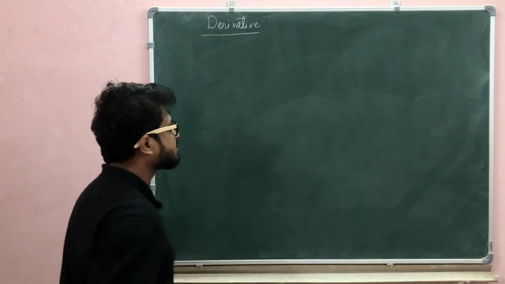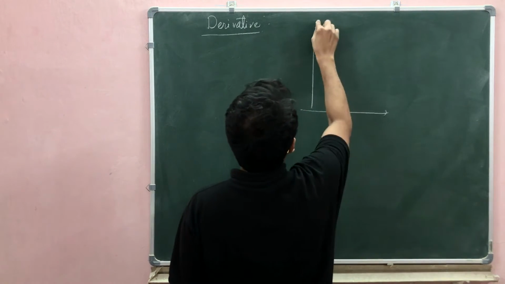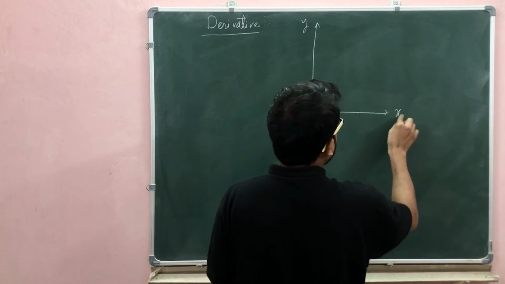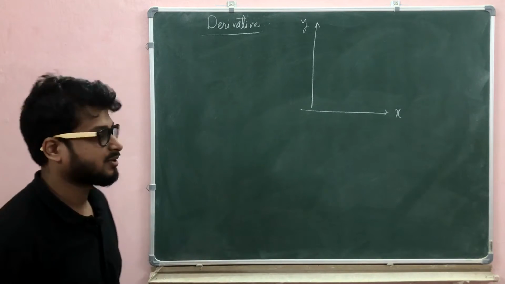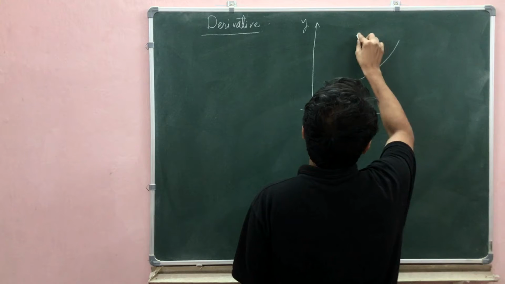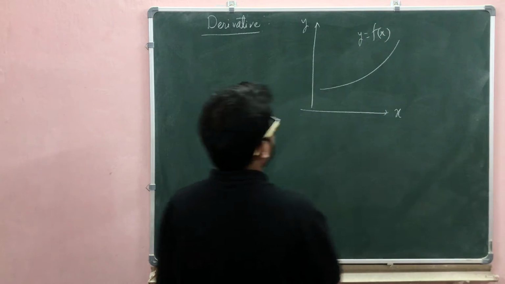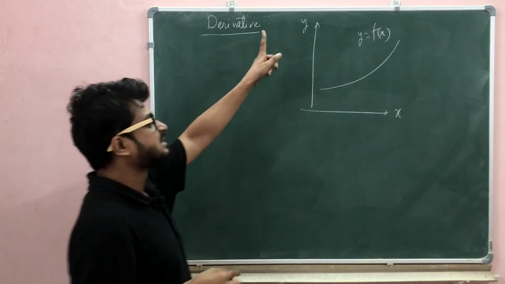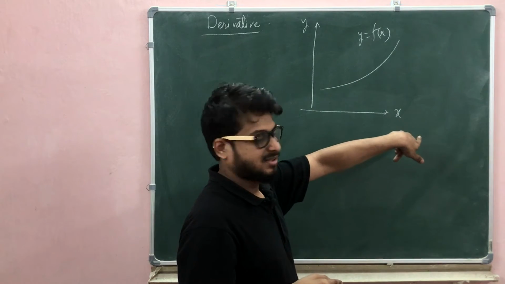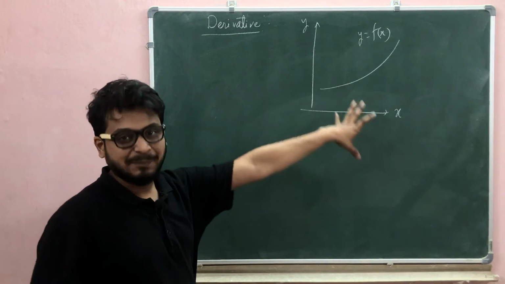Okay. So, heading: derivatives or differential calculus. Here we take a graph with y axis and x axis, a two dimensional graph, and plot a curve, that is y equal to f(x). So y depends on x. x is the independent axis and y is the dependent axis.